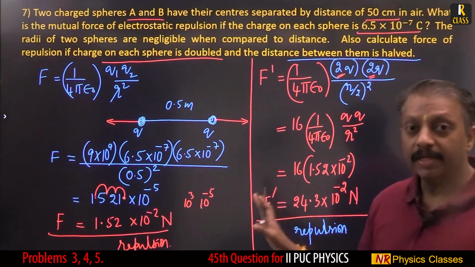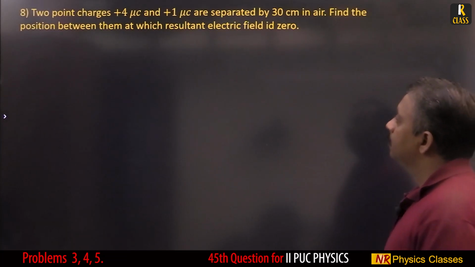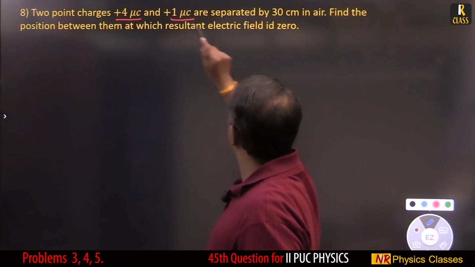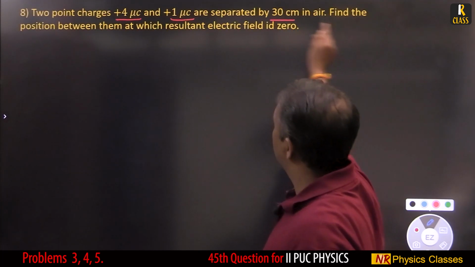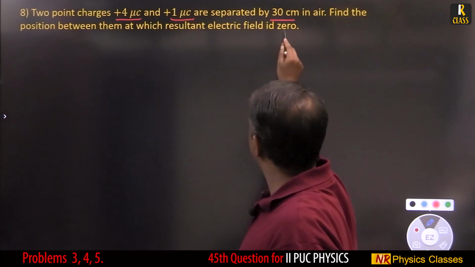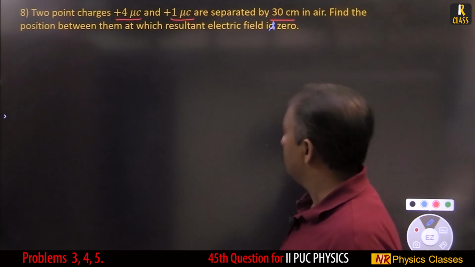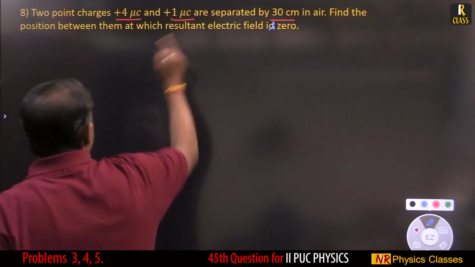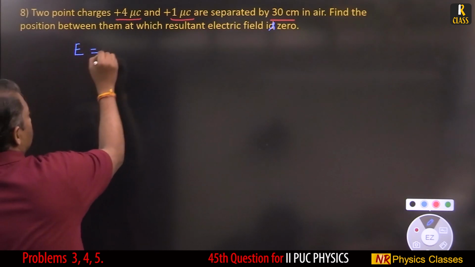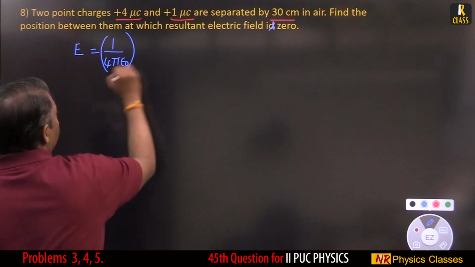So it's a pretty easy problem. Two point charges, 4 and 1, are separated by 30 centimeter. Find the position between them at which the resultant electric field is 0. Force is 0, resultant electric field is 0. So the electric field expression is the constant 1 by 4 pi epsilon naught q by r square.